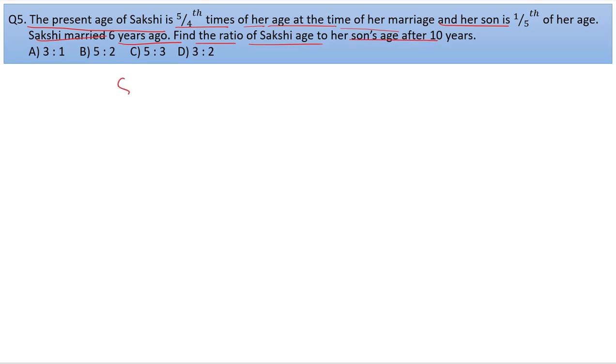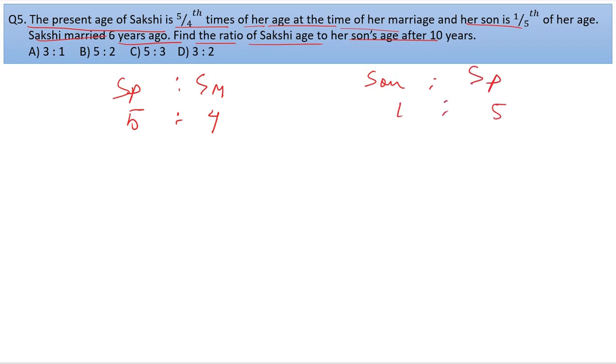I want to represent Saksi's present age as SP, Saksi's age during her marriage as SM, and the son as SON. The question is saying the present age is 5/4, that means 5 here, and we have 4 here. Then the question is also saying the son is 1/5 of her age, so son to present age of Saksi is 1:5.